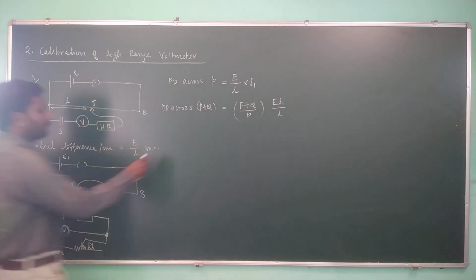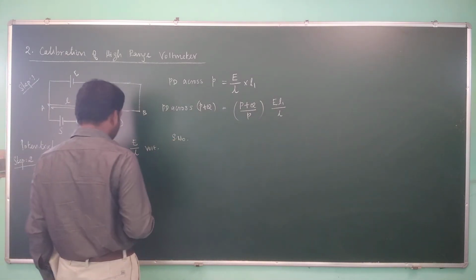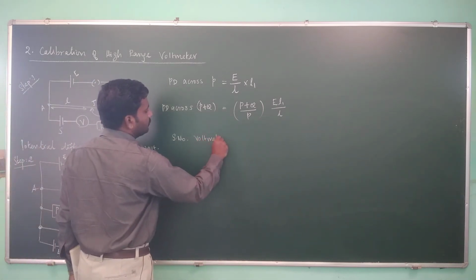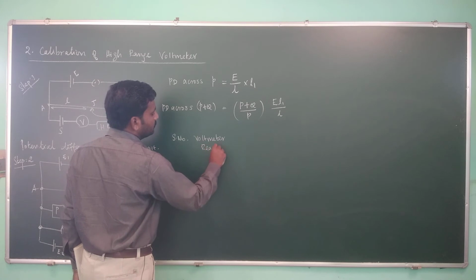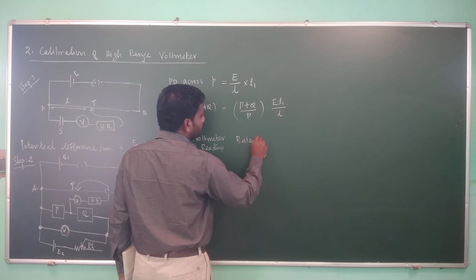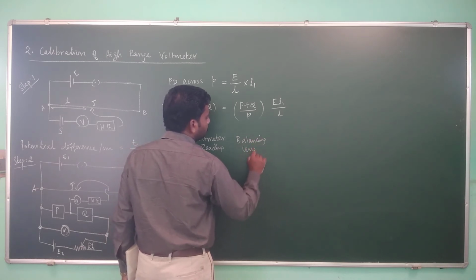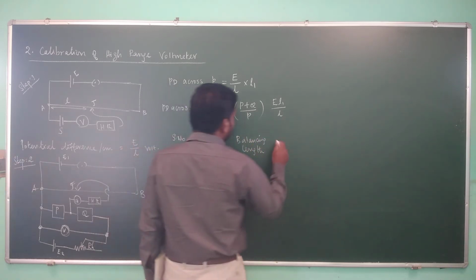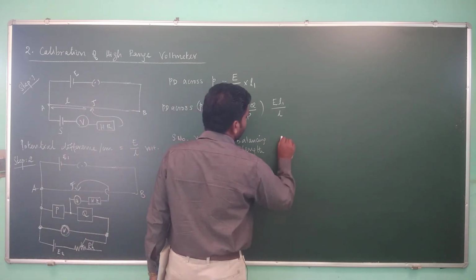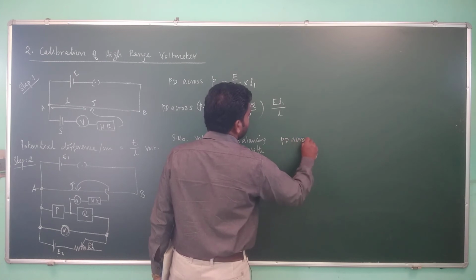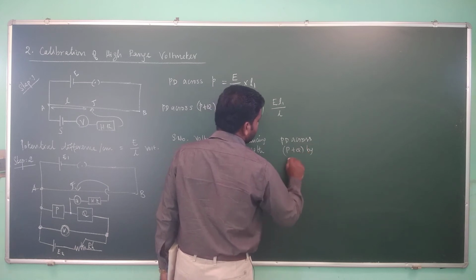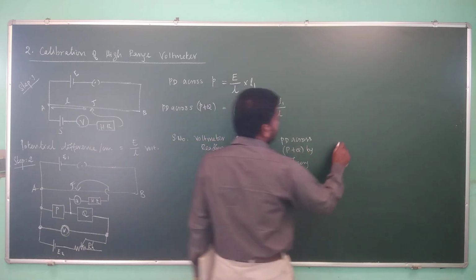For that we have to make a tabular column. Serial number, voltmeter reading, then balancing length, then potential difference by theory, PD across P plus Q by theory, then correction.